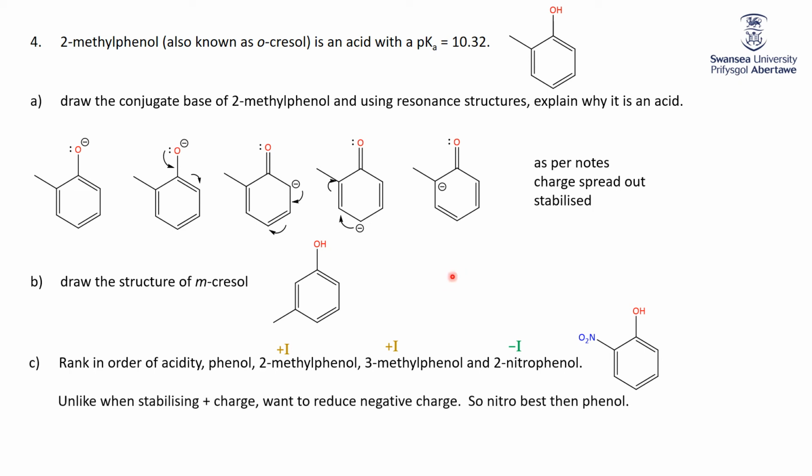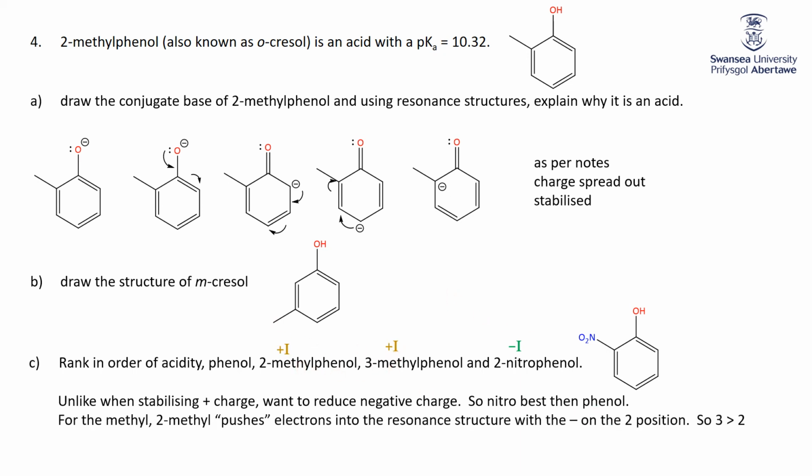Okay, so therefore the nitro group, which can suck that extra electron density out, is going to be better than the phenol, but then the methylphenols, which are pushing electron density in, are going to be worse than phenol. Now, as far as the 2-methyl versus the 3-methyl, we've already seen the 2-methyl is going to rely on this particular resonance structure here with electrons being pushed in, so this is not as good.